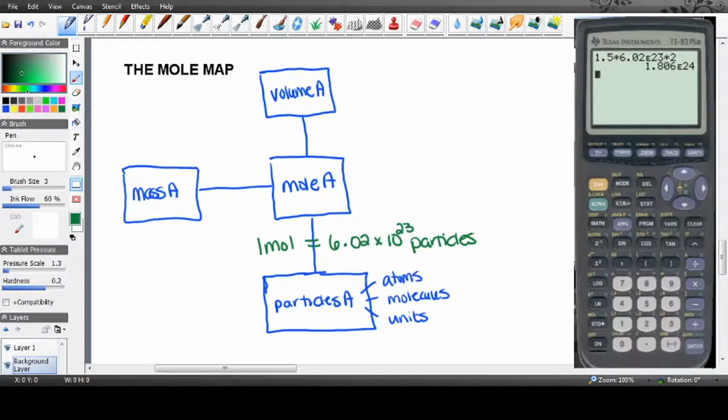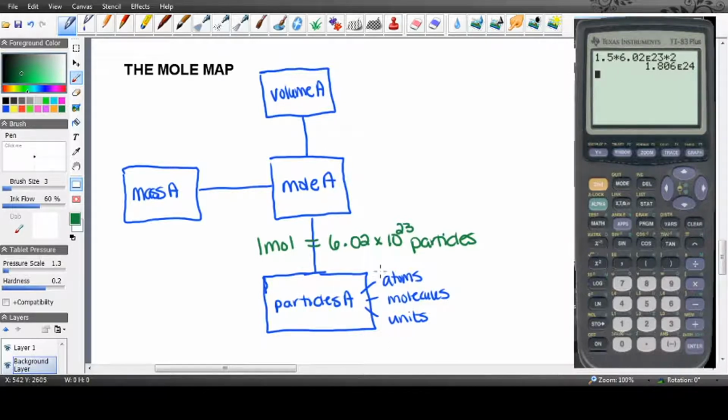Y'all set? Good. Okay, so we learned one conversion factor. Now what you guys are seeing is that there are 2 other conversion factors that are going to allow us to convert between moles and mass and moles and volume. And frankly, those conversion factors are actually used a lot more than Avogadro's number.